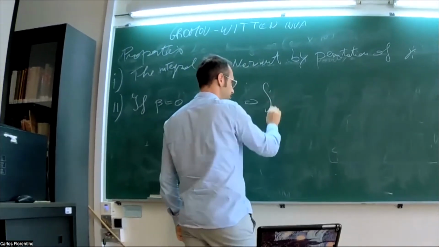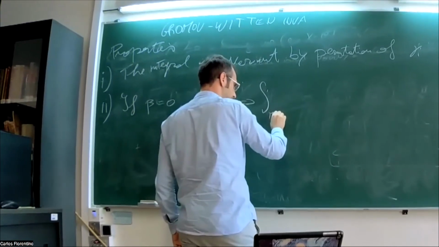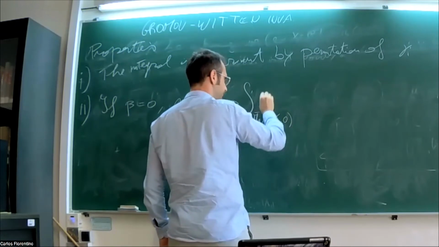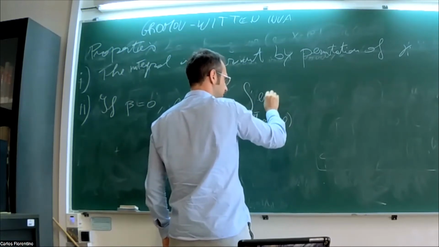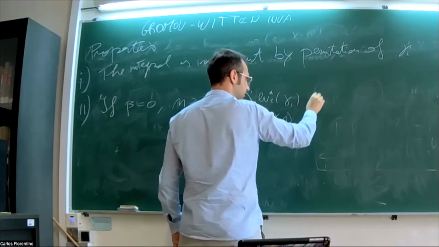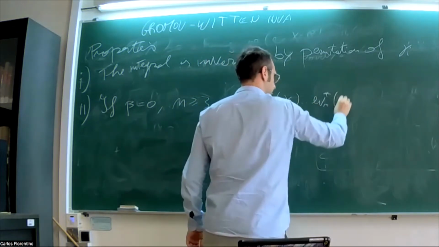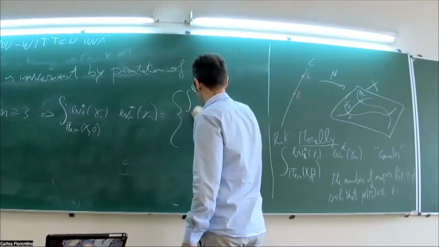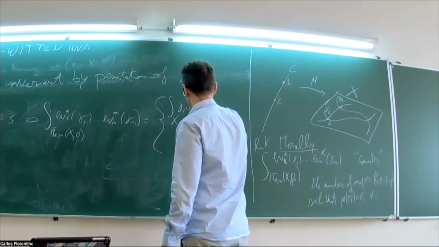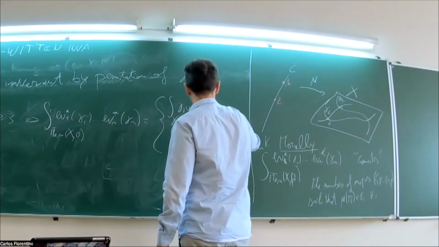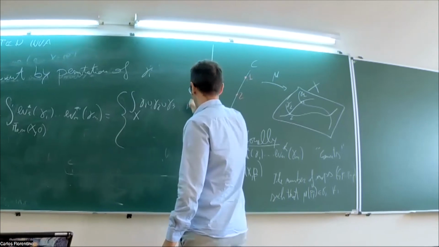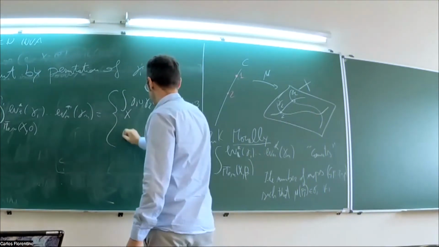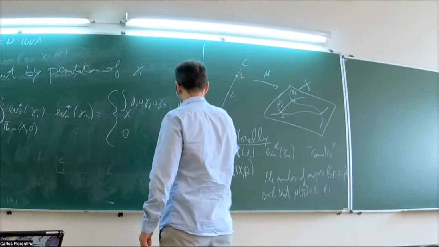Then the value of this integral on M_{0,n}(X, 0), ev_1 star gamma_1 through ev_n star gamma_n, is equal to the integral of gamma_1 gamma_2 gamma_3 if n is equal to 3, and 0 otherwise.